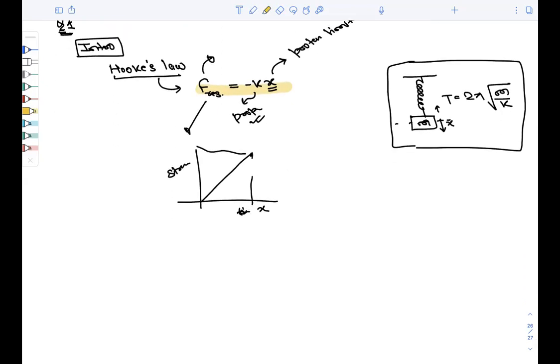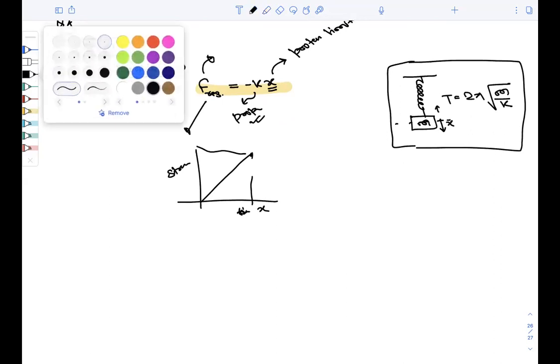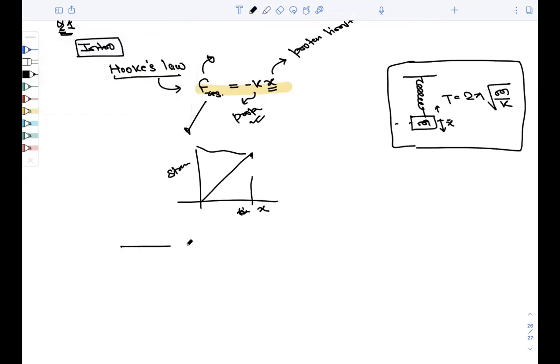Now, let us try to solve this question. This is the diagram you should be making. This is M, this is L, let's say. And we have considered this to be elastic. This is the wire that is elastic in nature.